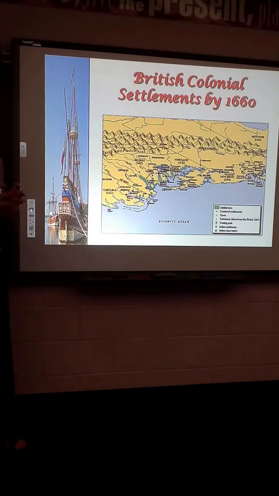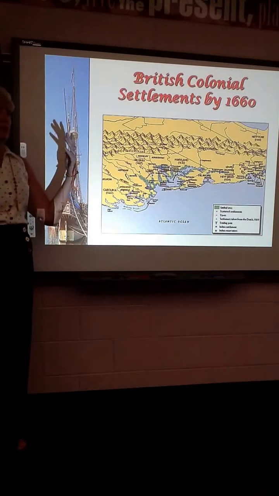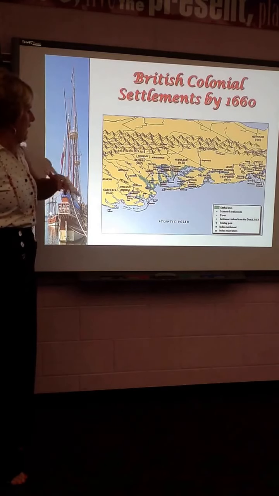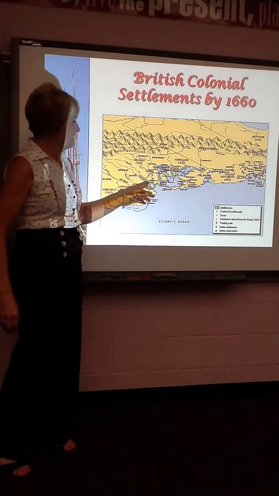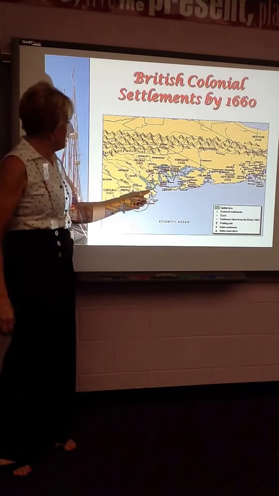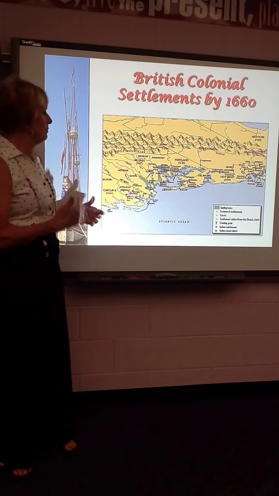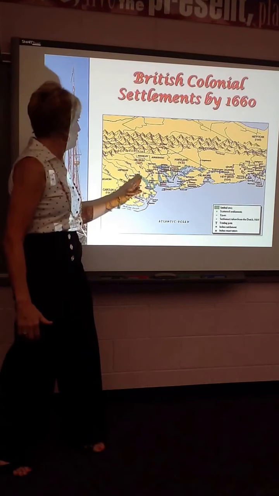So Jamestown gets established, it explodes with indentured servants and slaves, and then as the land around Virginia was taken up with farmers coming, as more people came, they began to move out.